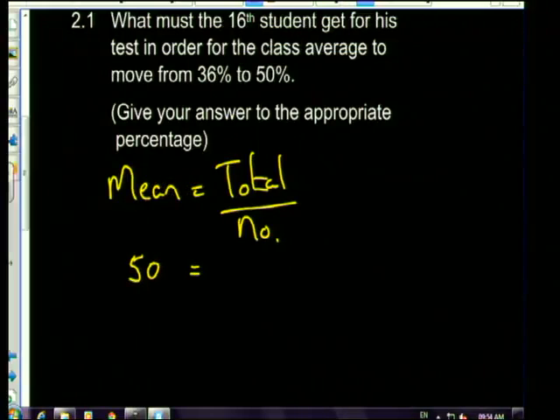We're told that the class average is 36%. In other words, what is the mean? The mean is saying if I were to take everybody's marks and find the mean, in other words, find out what one mark represents that whole class.